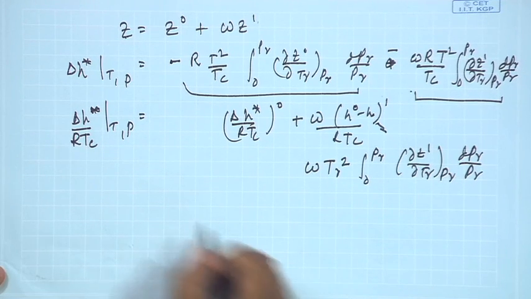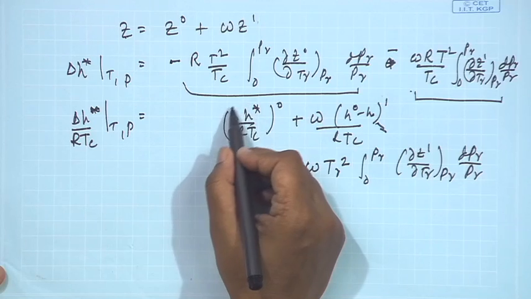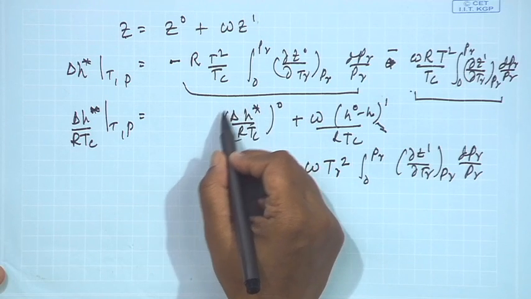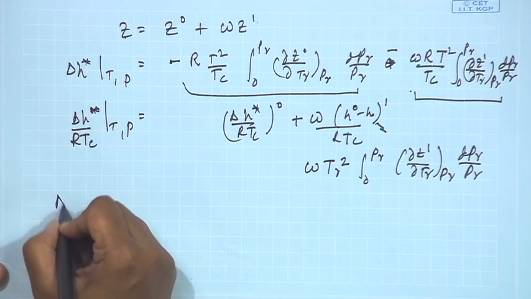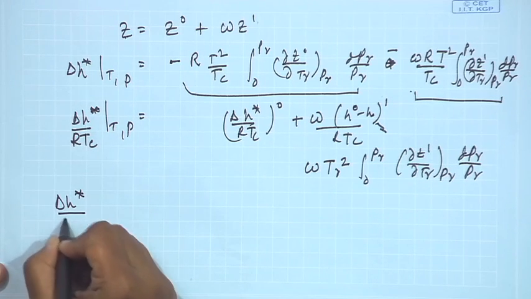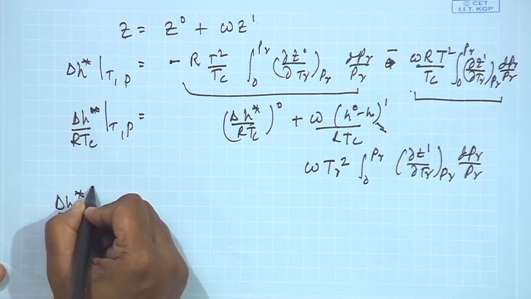So therefore, we find from here the 2 parameter expression. I'll just write down delta H star by RTC 0.